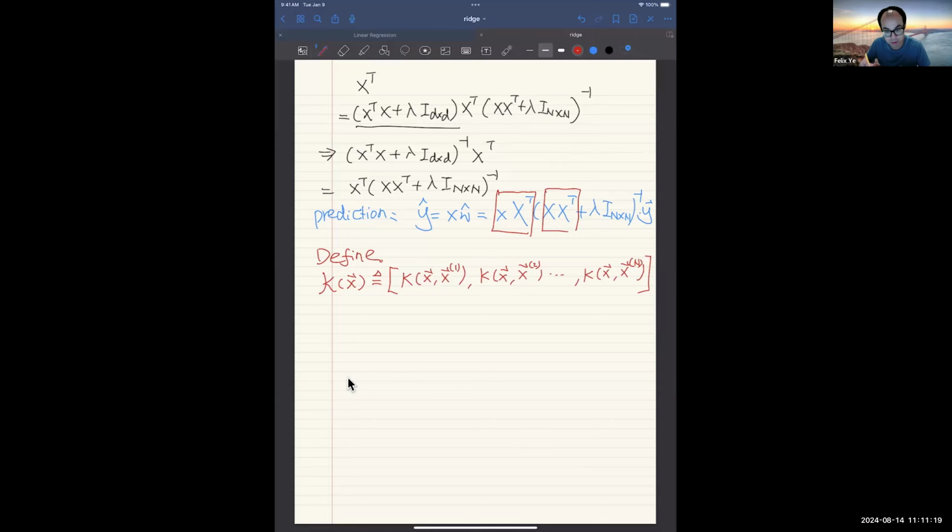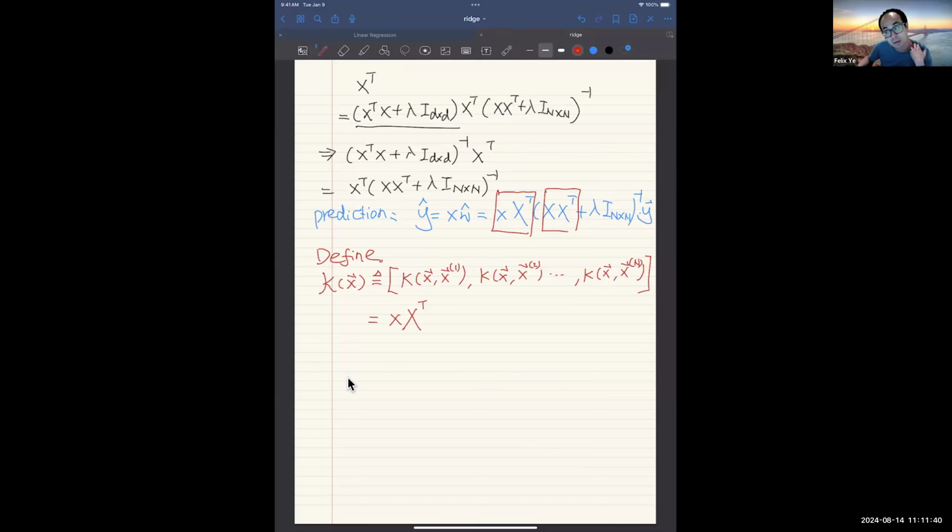If we do it this way, you get x times x transpose.